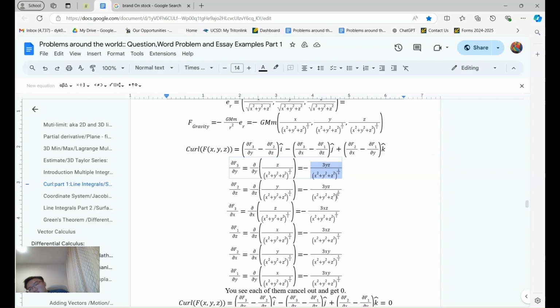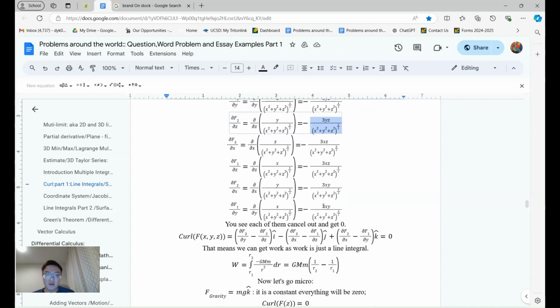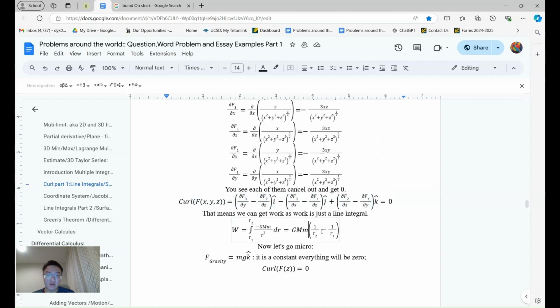It would be a pain, very boring. It's the same thing. As you can see, this one cancels with this one, and so on and so forth. It's kind of obvious that it would have to. No, it's not obvious. What am I talking about? And then once you get it, you get zero, and then this is true. I'll have to explain.